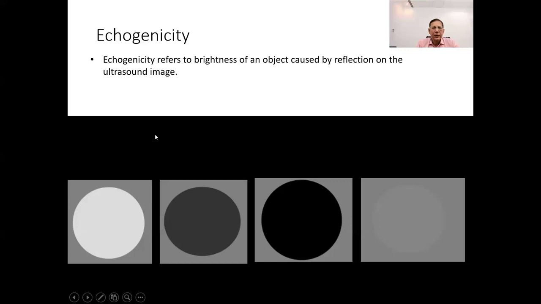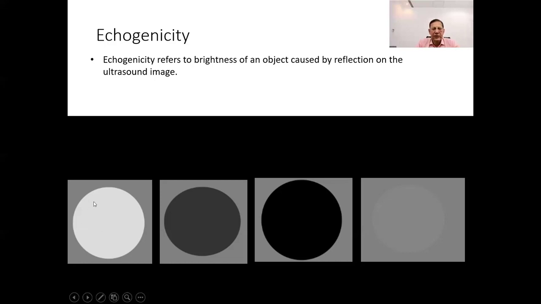Regarding terminologies used to describe an ultrasound image, which is made up of lighter and darker areas and several shades of gray, the feature of a structure being lighter or darker on the screen is called echogenicity.